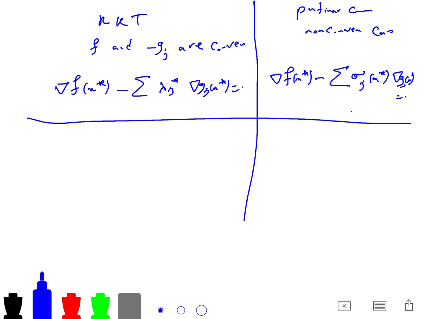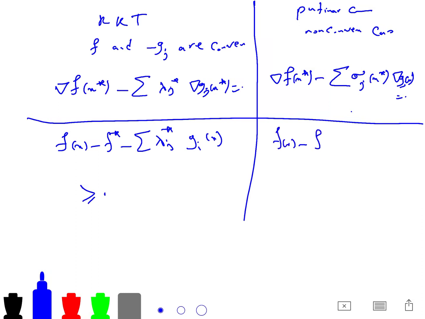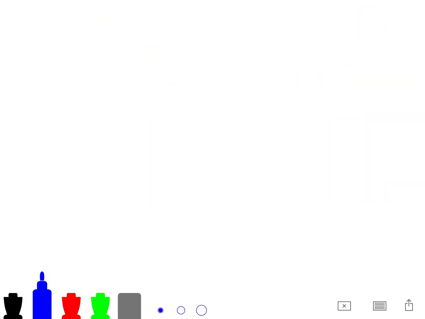And also for the KKT conditions, when f and minus g_j are convex, you can write f(x) minus f(x star) minus the sum from i equals 1 to m of sigma_j star(x), which is SOS, times g_i(x). And sigma_j star(x star) is lambda_i star.